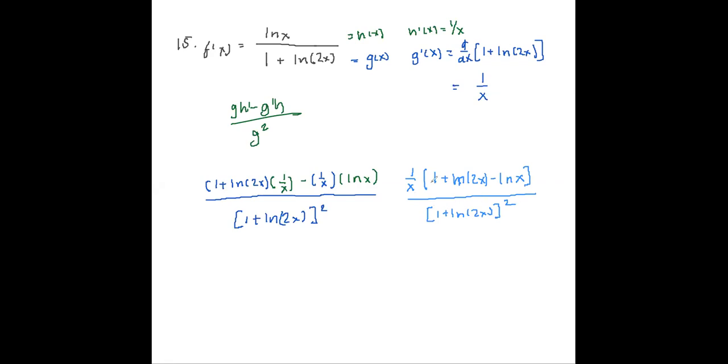And then this 1 over x is just x to the minus 1, so it could just be x down here. And that's probably how I would leave this answer.